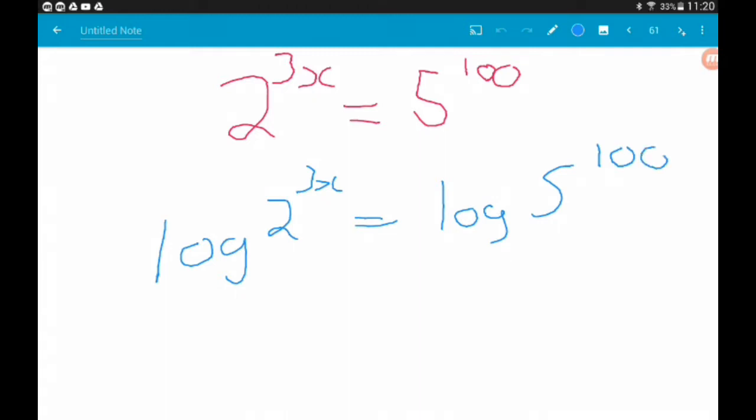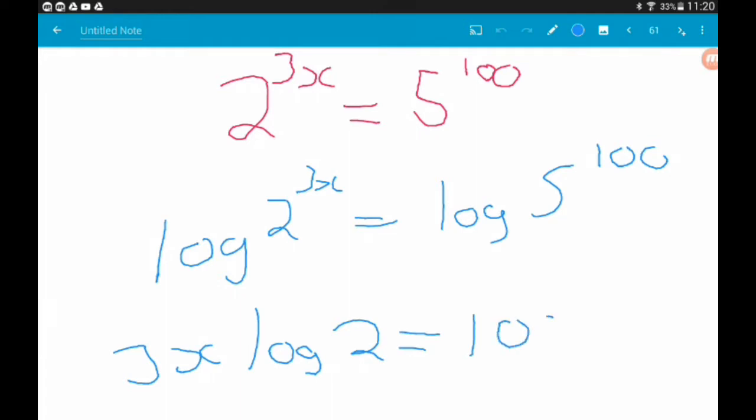Now the powers, the exponents, go down in front of the logs, so we get 3x log 2 is equal to 100 log 5.